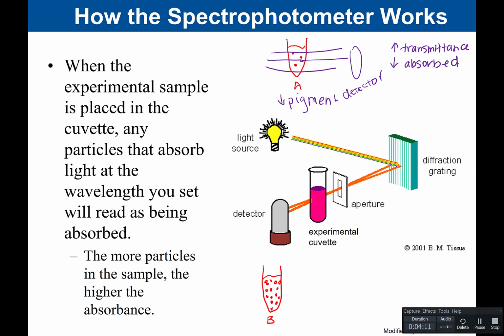So if we have a decrease in pigment, the lower the pigment, the lower the absorption.